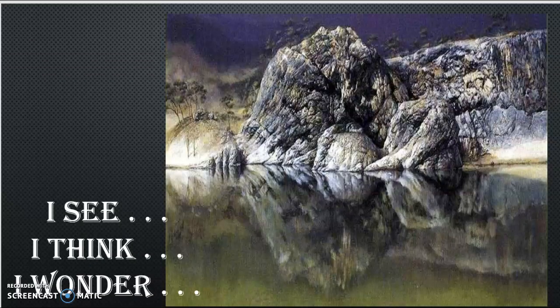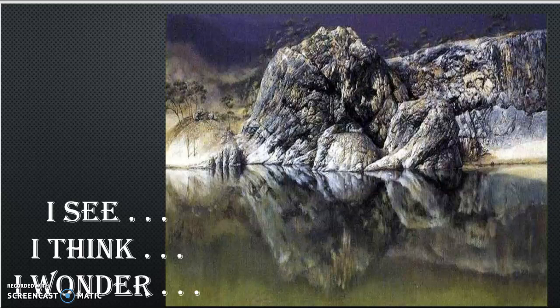What you're going to do is you're going to look at the picture that I've put here, and you're going to tell me 3 things that you see. So you could say, I see a lake, or I see some trees. Now, I am using those so you cannot. So there should not be one person on this that says, I see a lake or I see some trees.